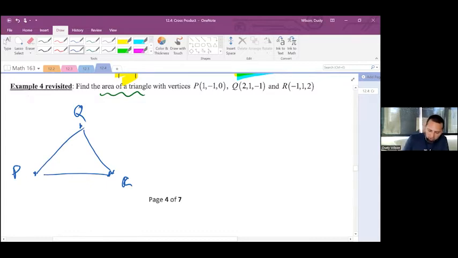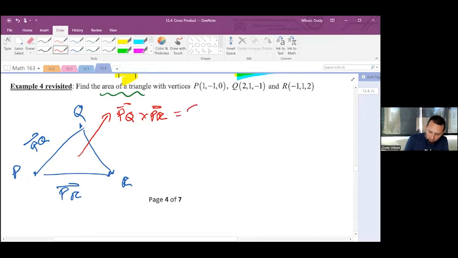Previously we found the vector that was perpendicular to P, Q, and R. This was our cross product. And to do that, we found the PQ vector and the PR vector. And using the PQ and the PR vector, we were able to find the red vector being PQ cross PR.